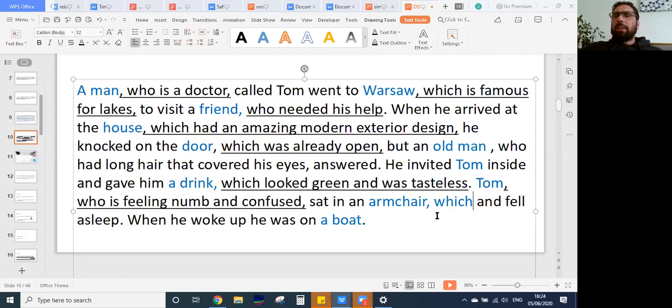Okay, let's do something a bit strange. Maybe we could say something strange about the armchair, which was made of exported wood or imported wood, yeah, of course.